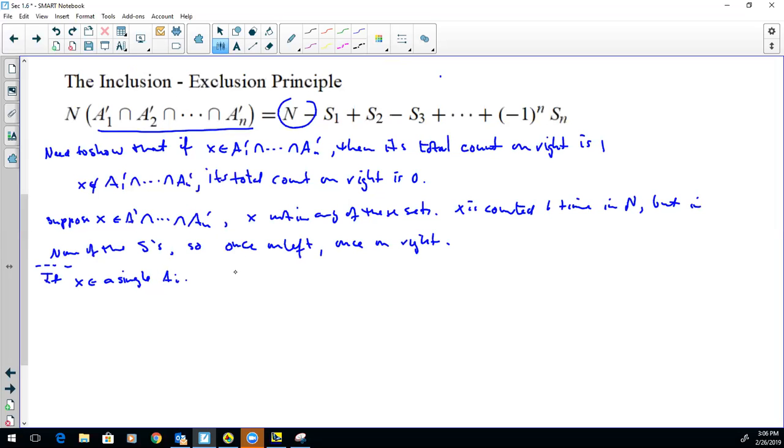Then X is not in the intersection of all these complements. Okay, so it's not counted on the left. So as far as X is concerned, the left side is 0.